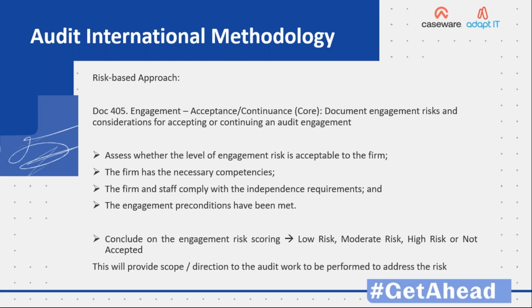In conclusion, you should have an idea of your engagement risk scoring. Should you perform more procedures to address higher risks, moderate risk or low risk, or simply it's not accepted, so you're not going to go ahead?